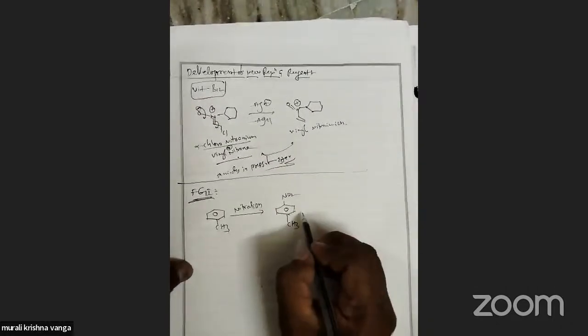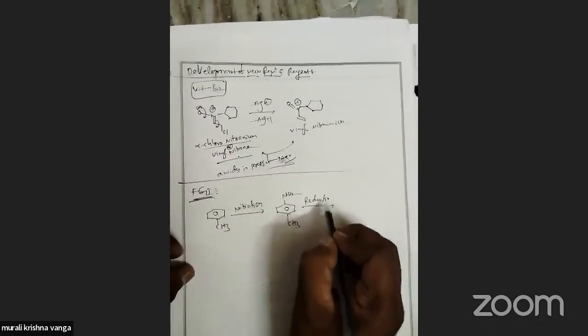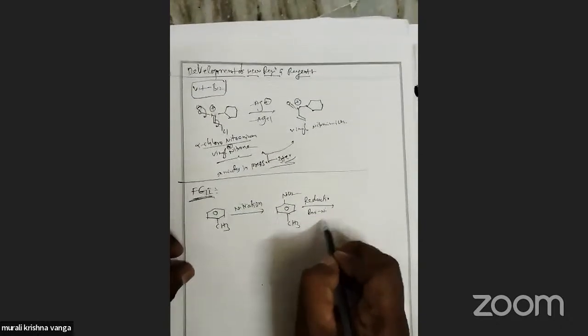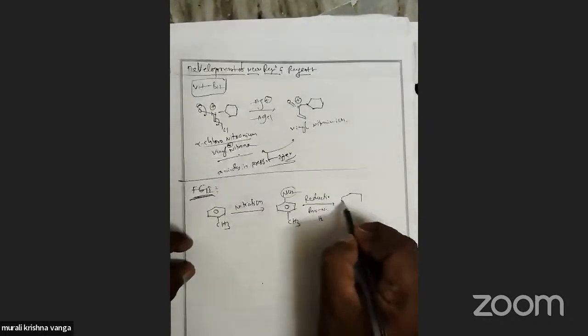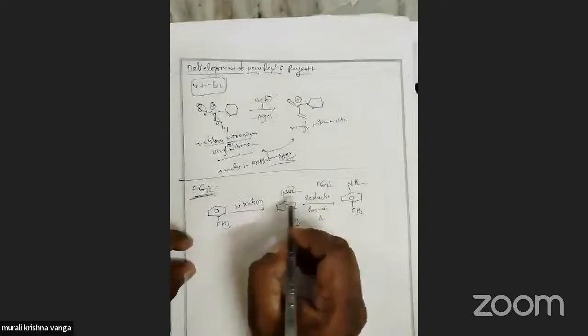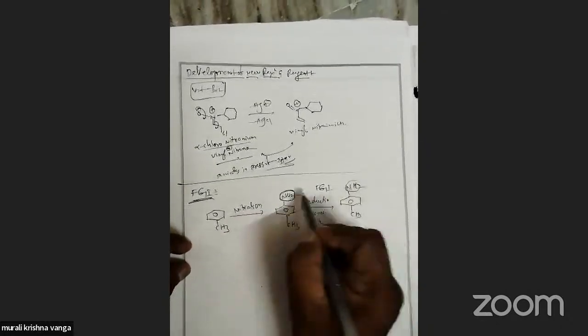This nitrotoluene undergoes reduction in the presence of hydrogen, and the nitro is converted into amine. This is a functional group interconversion: conversion of functional group from one form to another form. Your nitro function is converted into amine function.